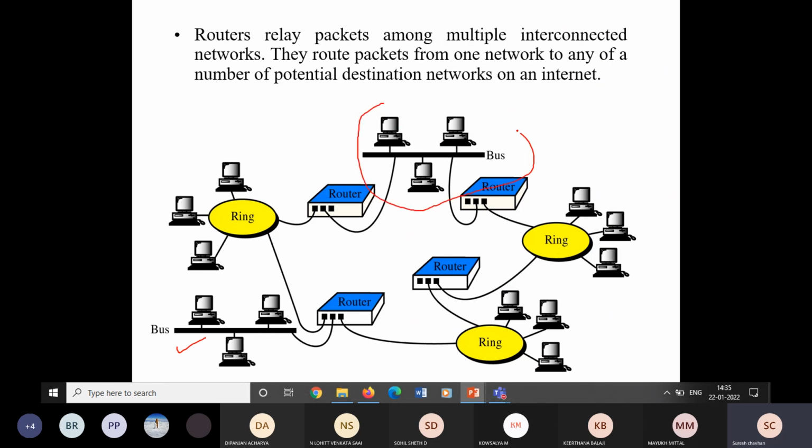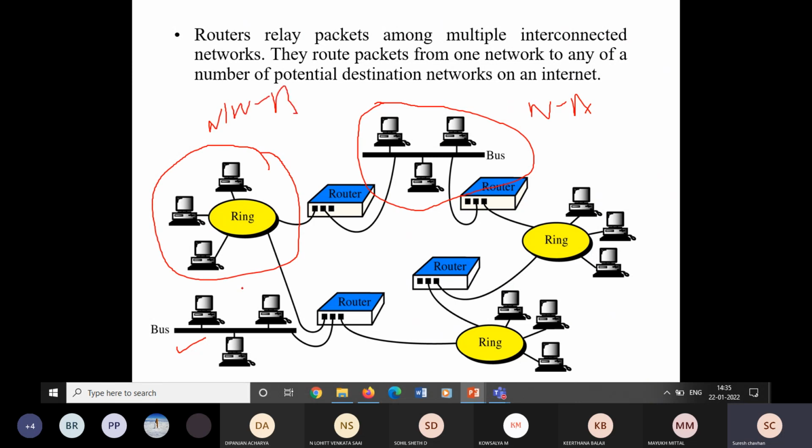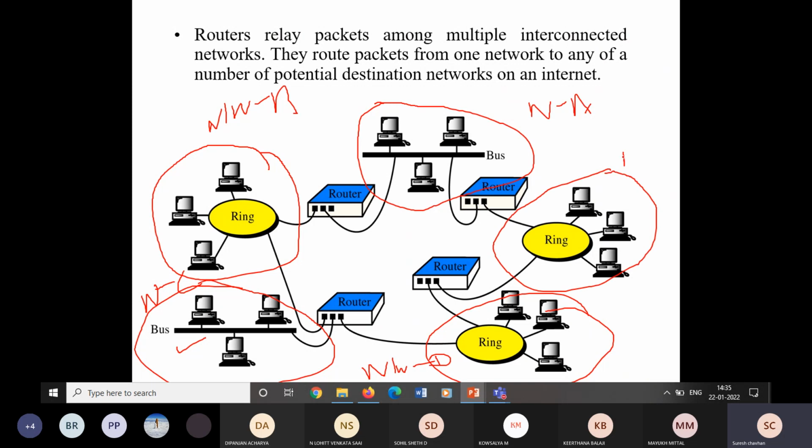This is network A, and this is network B, and this is network C, and similarly this is network D, and finally this is network E. Very nicely they have represented it.